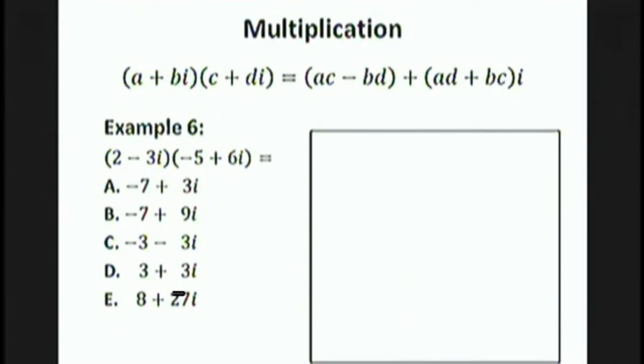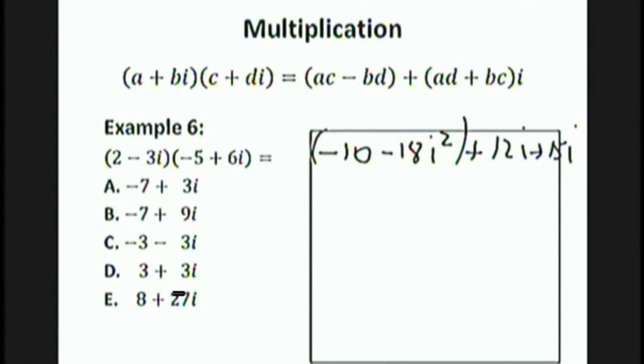2 minus 3i times negative 5 plus 6i. When we multiply the two firsts, 2 times negative 5, we get negative 10. When we do the lasts, we get negative 3 times 6 is negative 18 i squared. The outers and the inners give 12i for the outers and plus 15i for the inners.